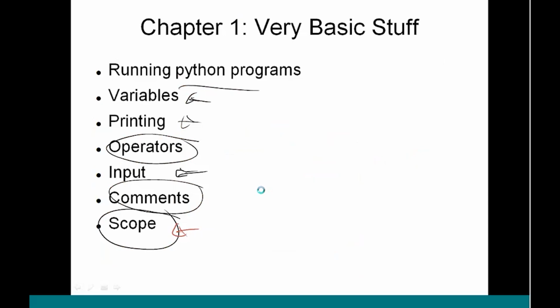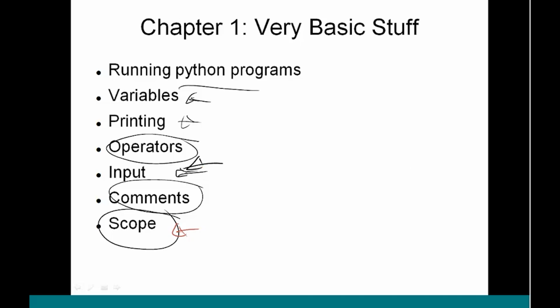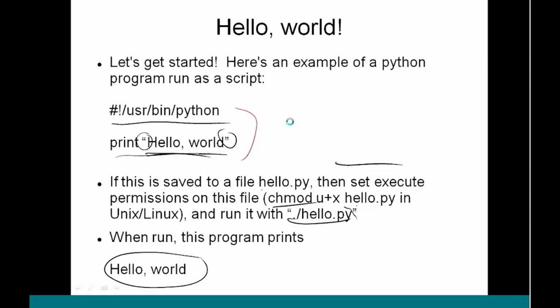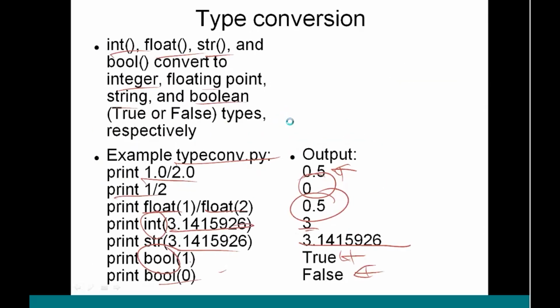Some of the banned keywords also, and what the rules are for having a keyword. Then we talked about how we can input a variable into the program, and how to write comments, and today we saw the scope. Okay, so I hope those things are very clear for you.